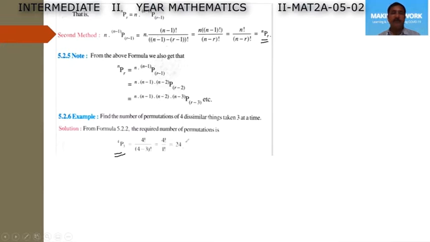And 4! means 4 × 3 × 2 × 1, which becomes 24. When the r value is given, we can write directly: 4P3 is the product of 3 consecutive numbers from 4 in descending order, 4 × 3 × 2, which is 4 × 3 = 12, 12 × 2 = 24.